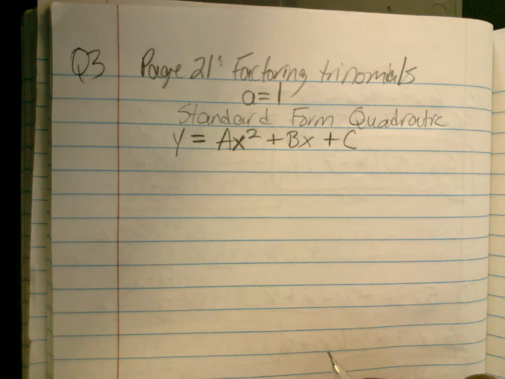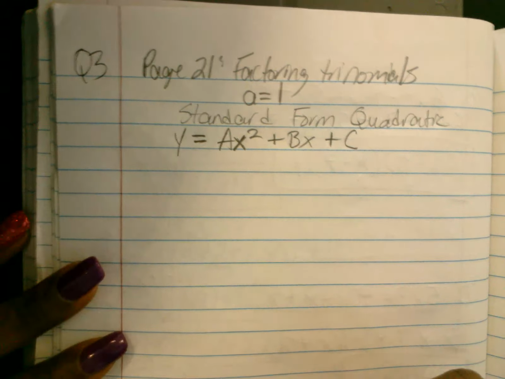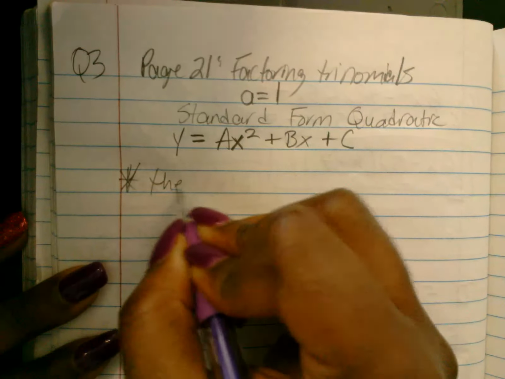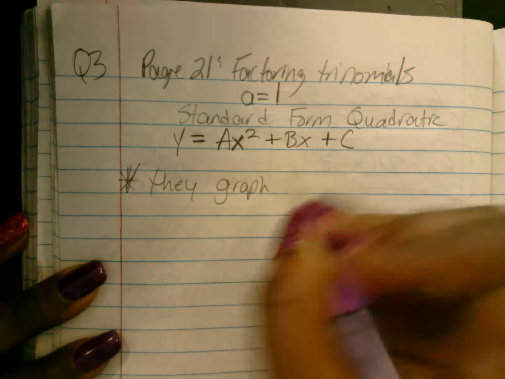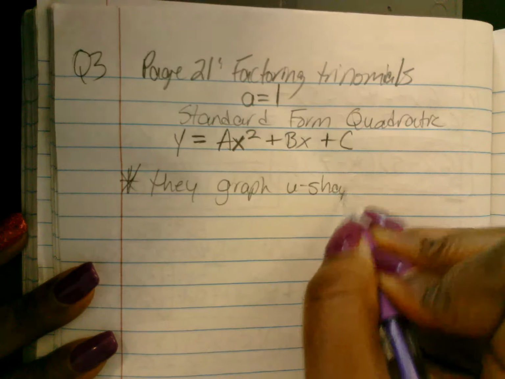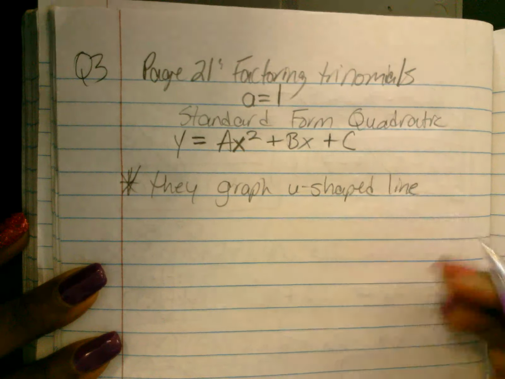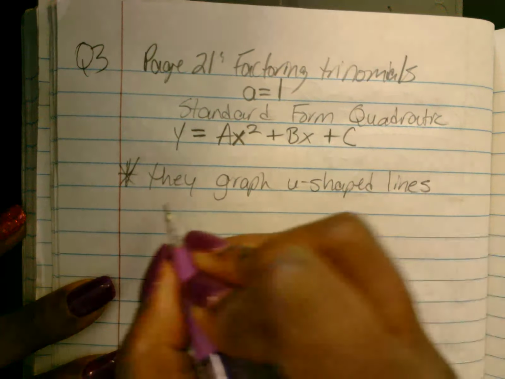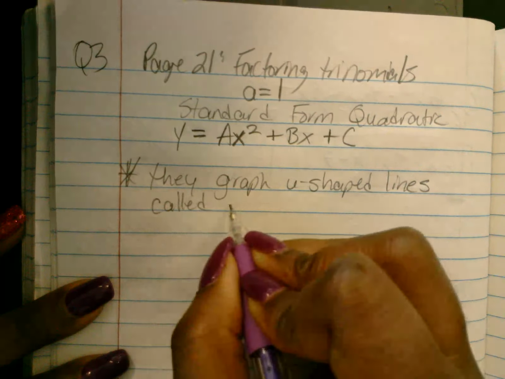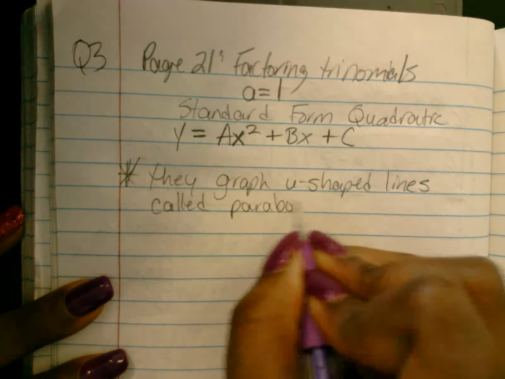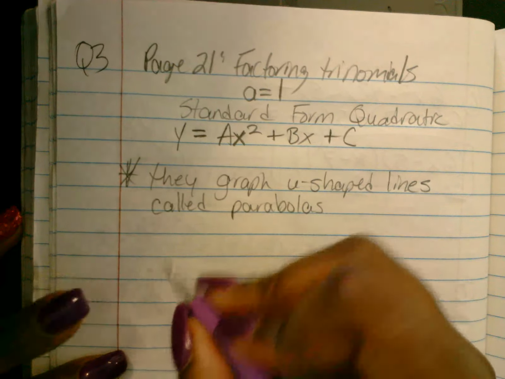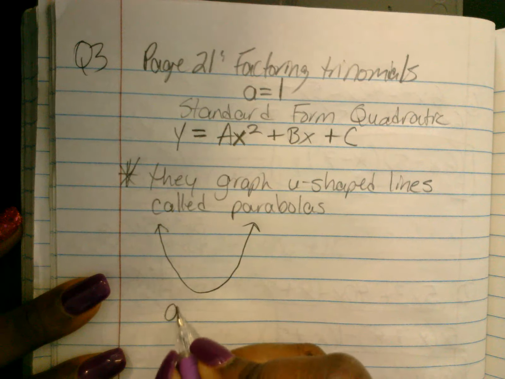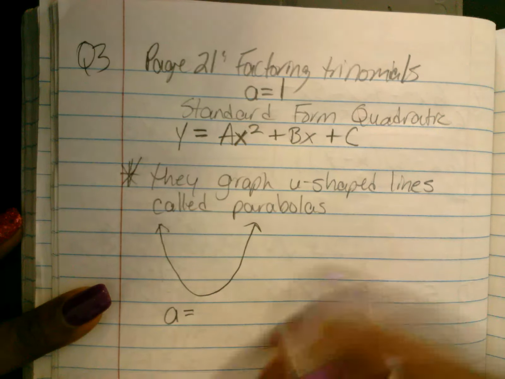All right. So if you remember, a quadratic function graphs U-shaped lines. A U-shaped line is also called a parabola. Either the U shape is going to be upward, like a smiley face. That means your A term is equal to a positive number.